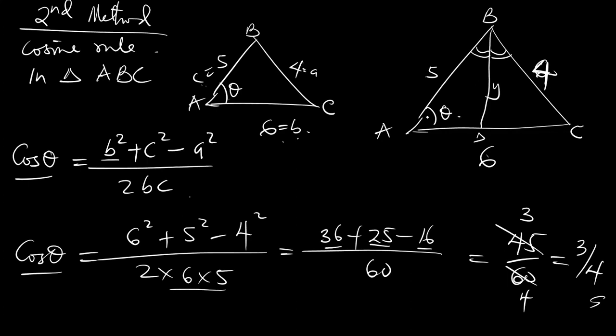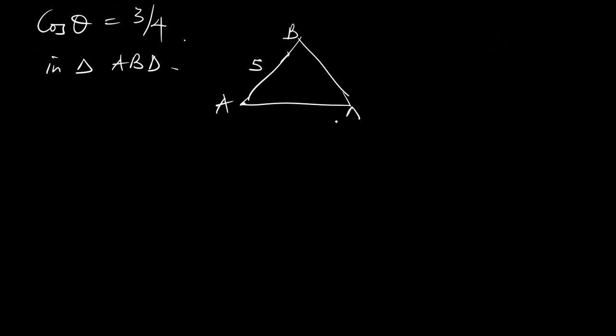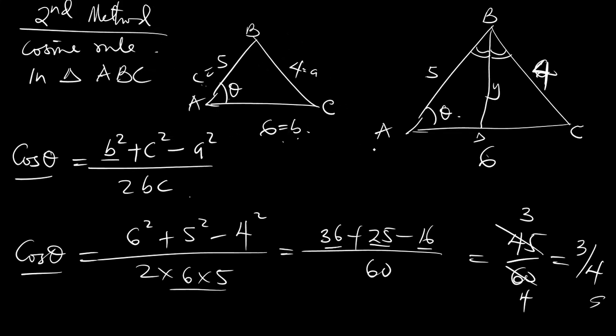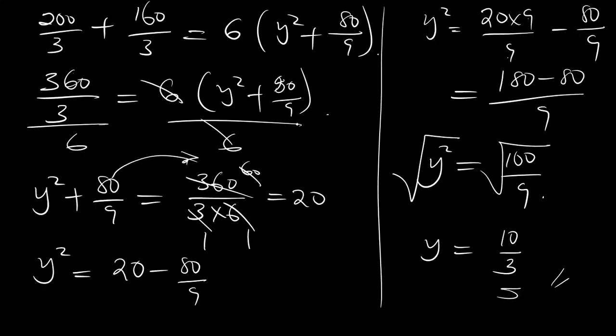Now when you look at triangle ABD, let me just draw the triangle. You have here to be 5, here ABD. So AD is 10 all over 3. That was what we got there.